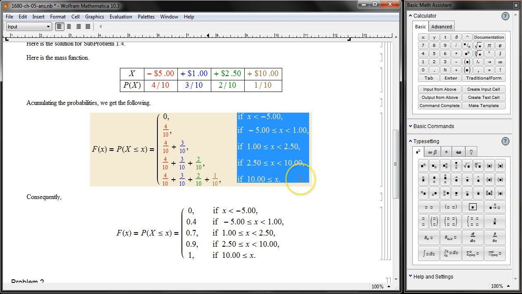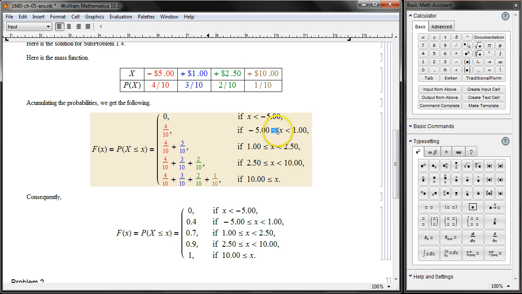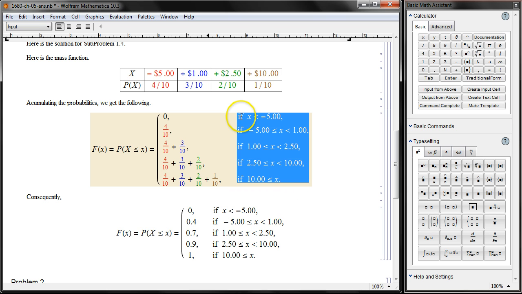And here, the left-hand side is semi-inequalities, and then x, and then the right-hand side is strict inequality. Please remember this entire structure, that never changes.